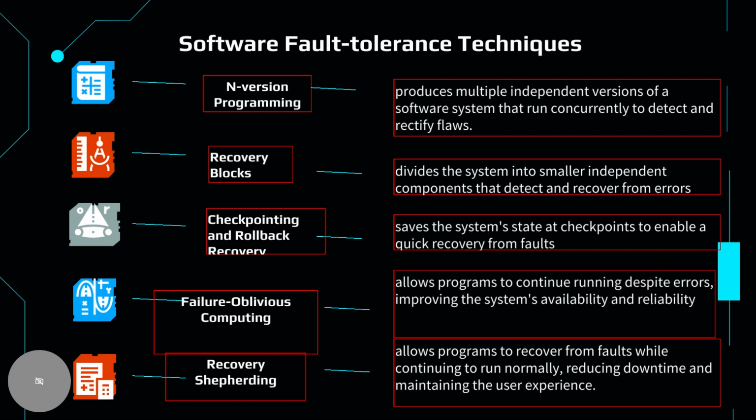The fourth one is failure-oblivious computing, which allows programs to continue running despite errors, improving the system's availability and reliability. The last one is recovery shepherding, which allows programs to recover from faults while continuing to run normally, reducing downtime and maintaining the user experience.